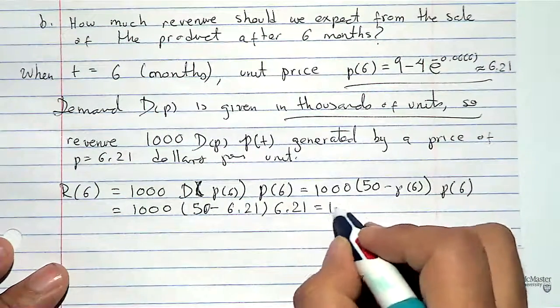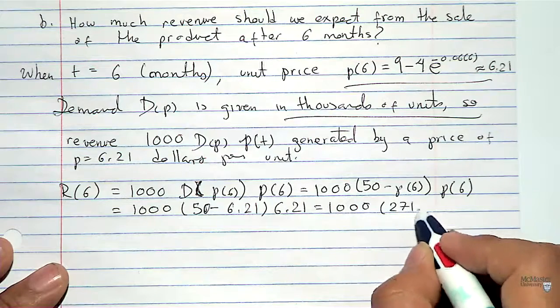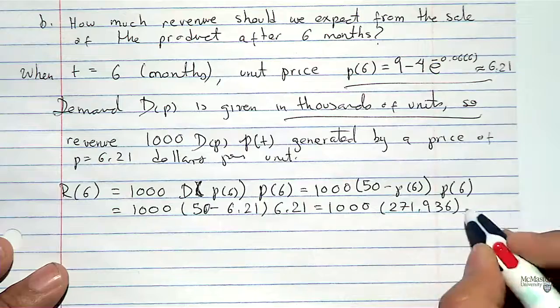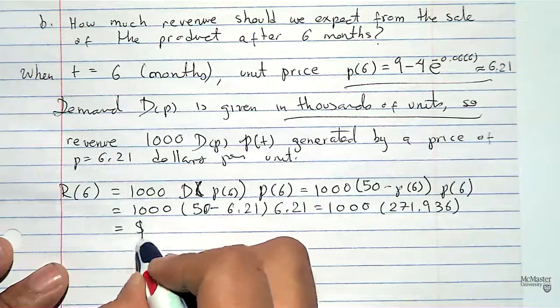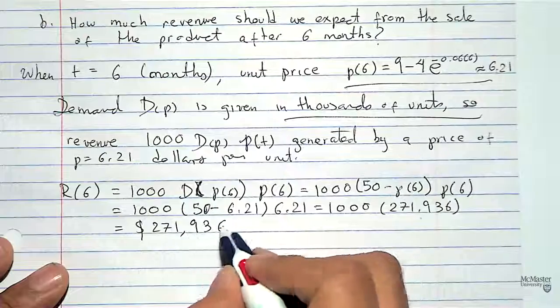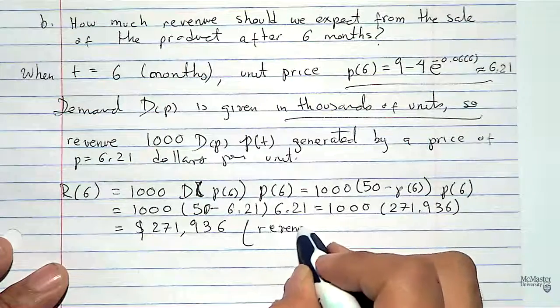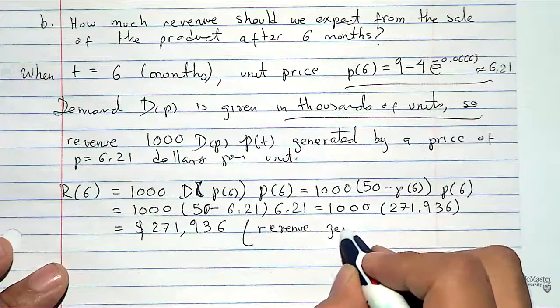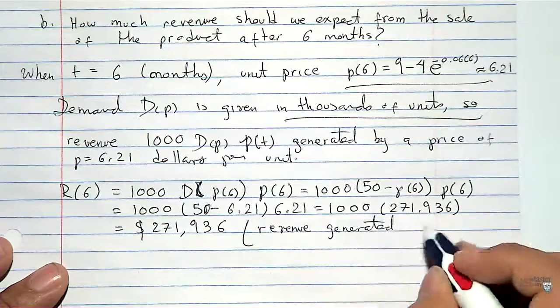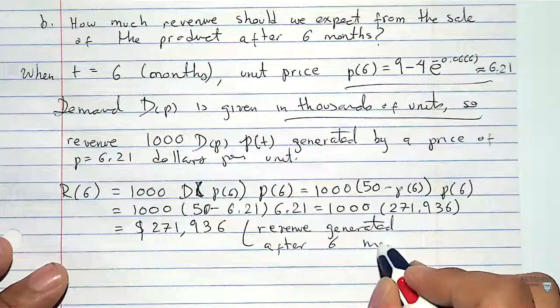If you do the computation, this is equal to 1,000 times 271.936. And if you do the conversion, this is 271,936. And just to indicate what it is, this is the revenue generated after 6 months.